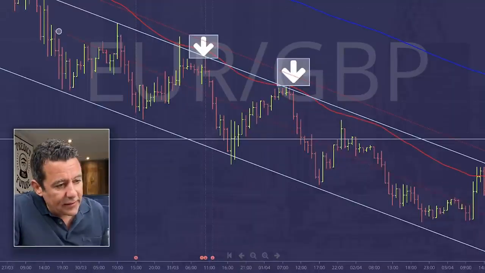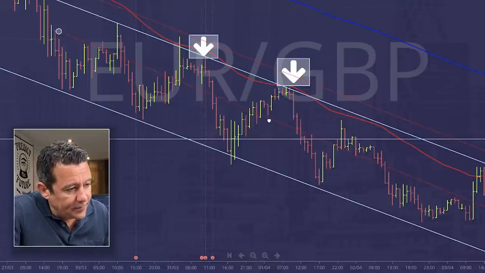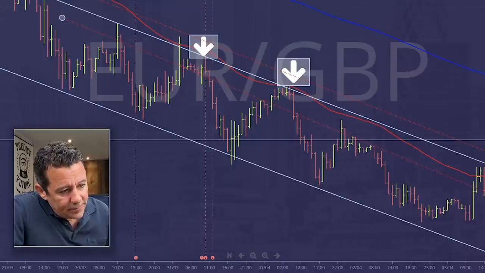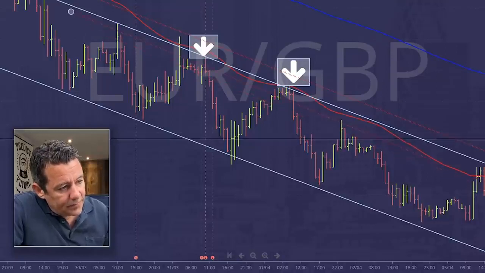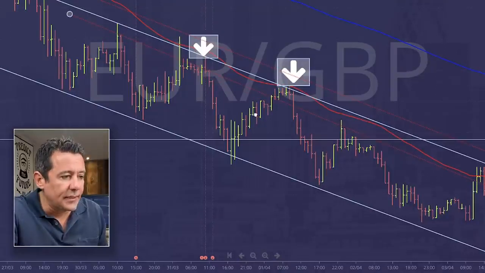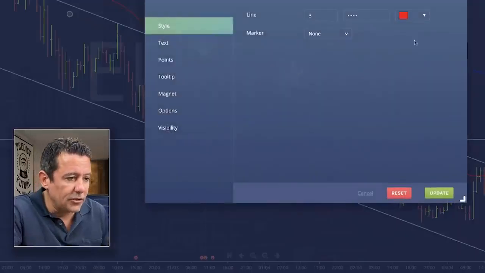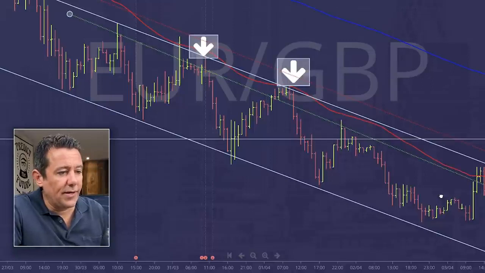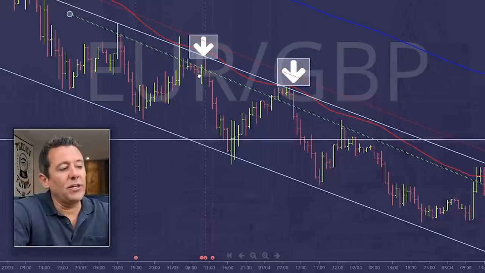So let's look. I'm going to change the color of this to be, let's call it just nice and green so it pops out. So then what you're doing is you're going short.